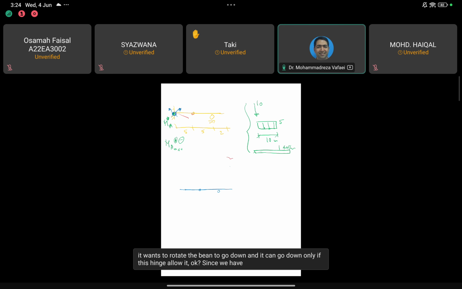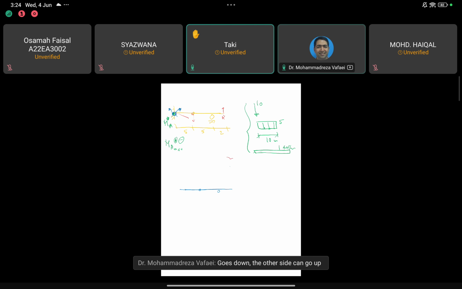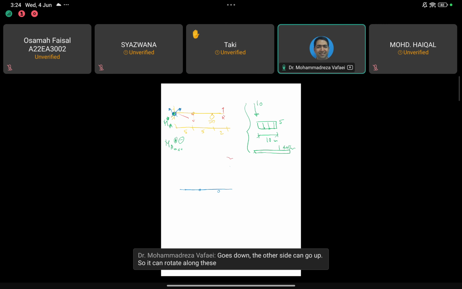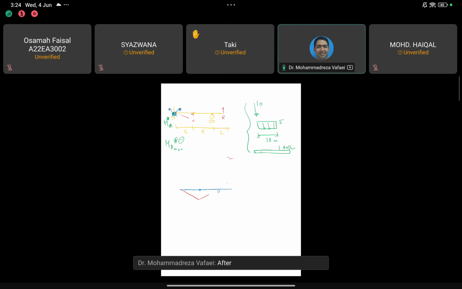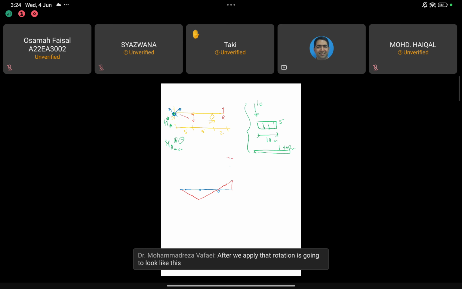Since we have a hinge here, yes, it can go down. If there was a support here, of course, there was no way that this one could move. But since there is no support, the moment that this one goes down, the other side can go up. So it can rotate along this support. Therefore, our deformed shape, after we apply that rotation, is going to look like this.